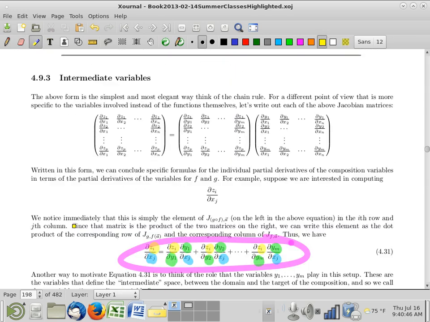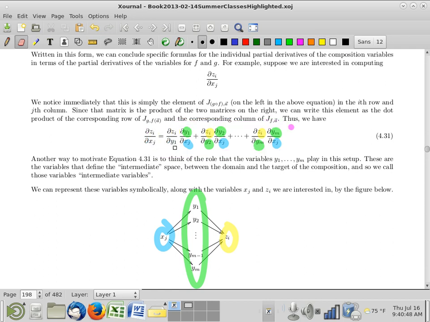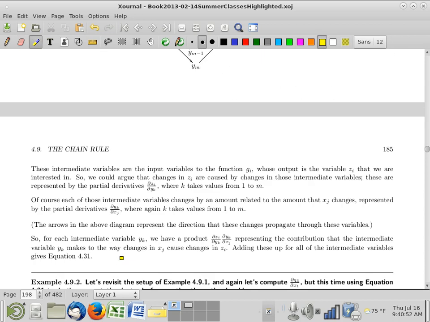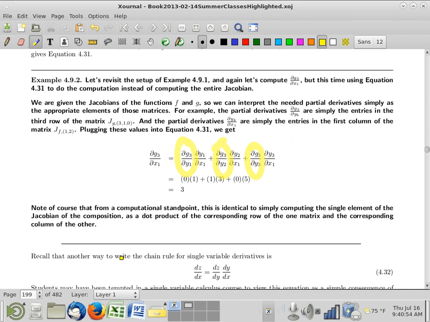Specifically, you'll notice that these circled partials are partial derivatives of G3 with respect to the various different input variables, Y1, Y2, Y3. So that means that we're looking at the third row.